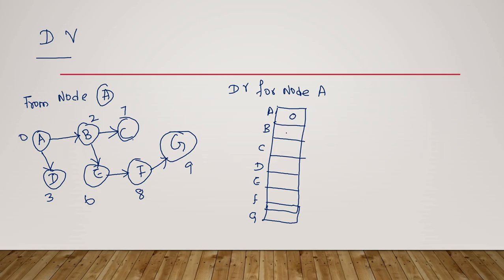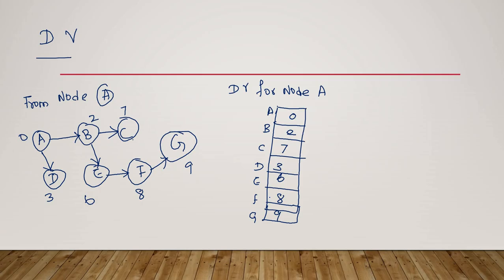A to B, the value is 2. A to C, the value is 7. You can update the distance vector with all the values from the least cost tree. For this purpose only we create the least cost tree. This is the way we can find the distance vector.